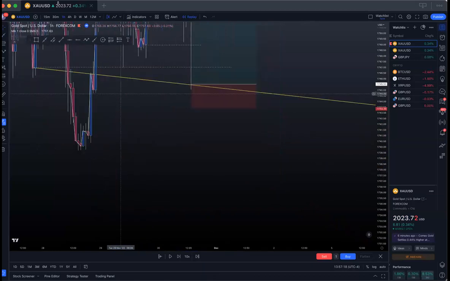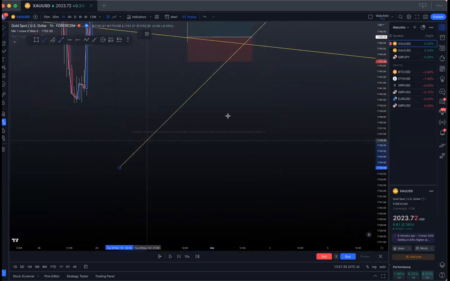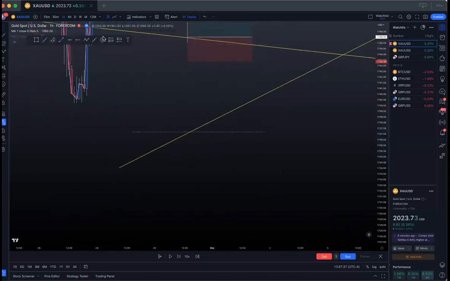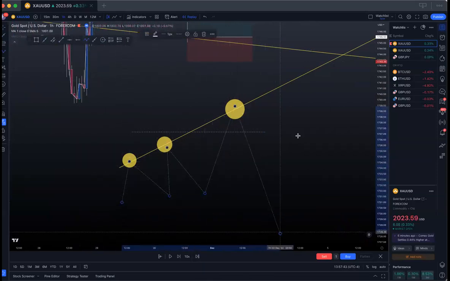So for example, if your resistance is here, your trend line is right there, tap 1, tap 2, for example, tap 3 must be above this resistance. You understand? So it's got to be like this. Something like that.